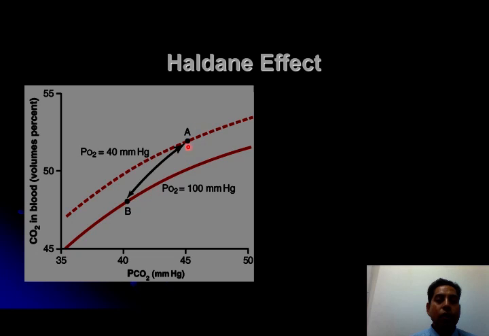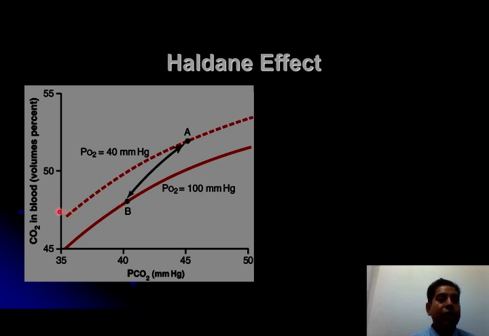So what do you find now? If you come forward, same partial pressure of carbon dioxide at the venous end, and by the time it reaches the pulmonary capillaries in the lungs, because of a change in the PO2 from 40 to 100, you'll find that the amount of carbon dioxide falls from 52, which is here, to a level of 48.